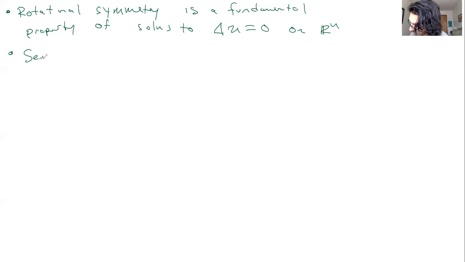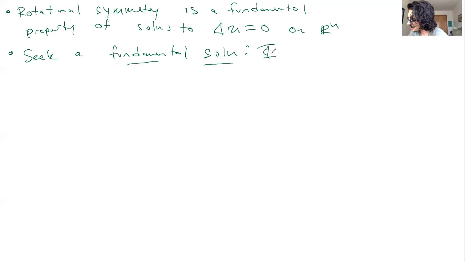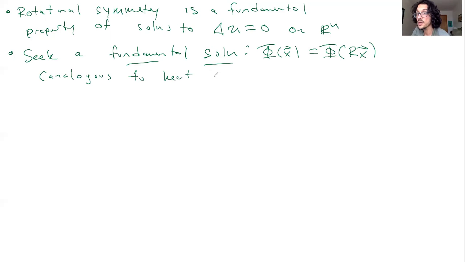We're going to do like what we did in the case of the heat equation, and we're going to seek a fundamental solution that has this rotational symmetry. Phi of x is equal to phi of Rx. Okay. Analogous to the heat equation case.